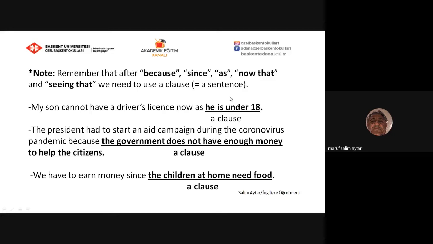Why? Because he's under 18. As he's under 18. The president had to start an 8 campaign during the coronavirus pandemic because the government does not have enough money to help the citizens. It is another clause. We have to earn money since the children at home need food. Can you see the statement, the sentence, the clause here?